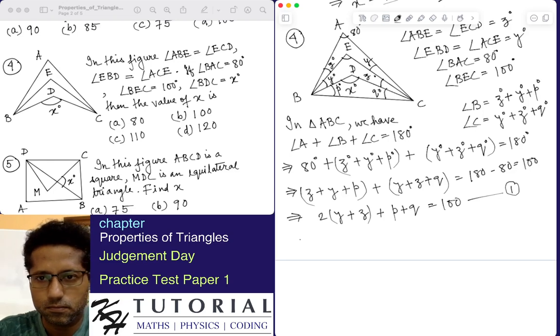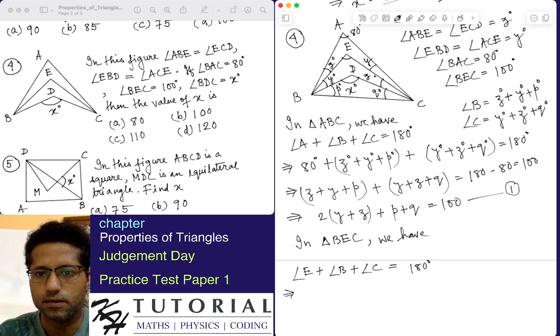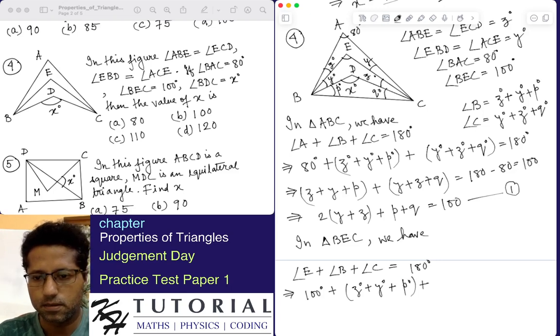Now in triangle BEC, we have angle E plus angle B plus angle C equal to 180 degree.